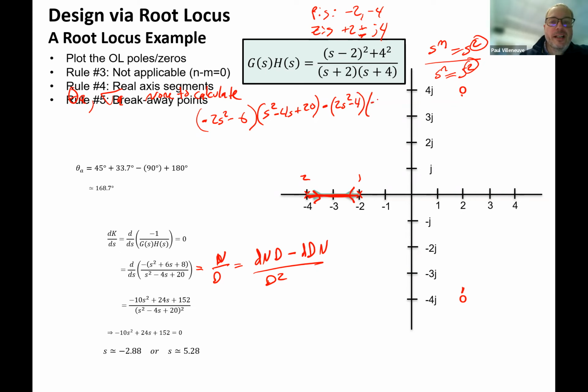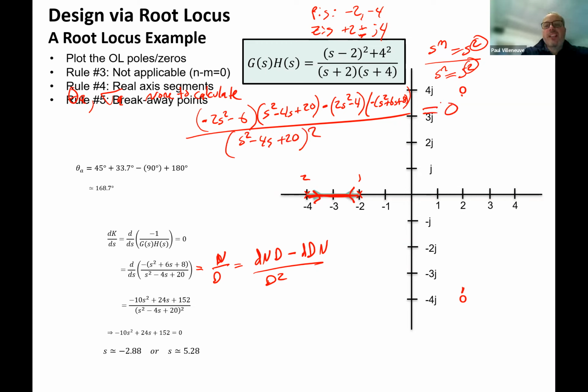So this is minus s squared plus 6s plus 8, all over the denominator squared, which is s squared minus 4s plus 20, that whole term squared. And I'm going to set that equal to 0.